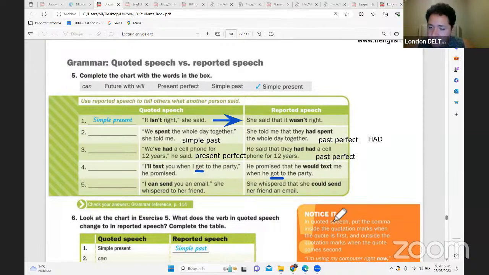Okay, so the sentence would be like this. Javier said that they will tell the truth if I promised. Okay, no, because it's Javier. If he promised not to get mad.